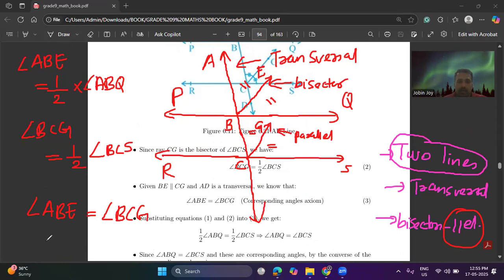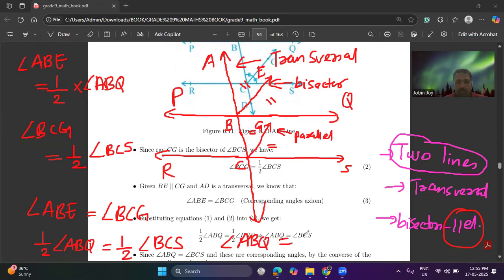So I can write 1 by 2 angle ABQ is equal to 1 by 2 angle BCS. So angle ABQ is equal to angle BCS.